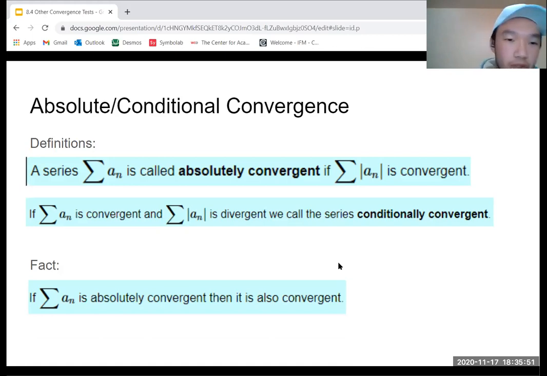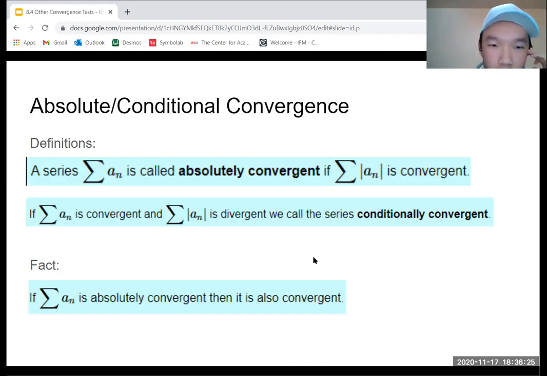So just take a moment to jot those down. Yeah, so basically to test these things, we just take the absolute value and see what happens.